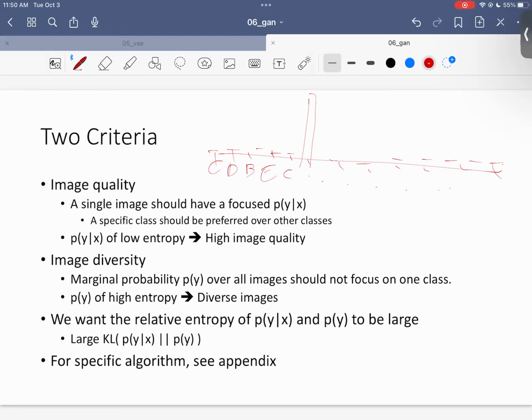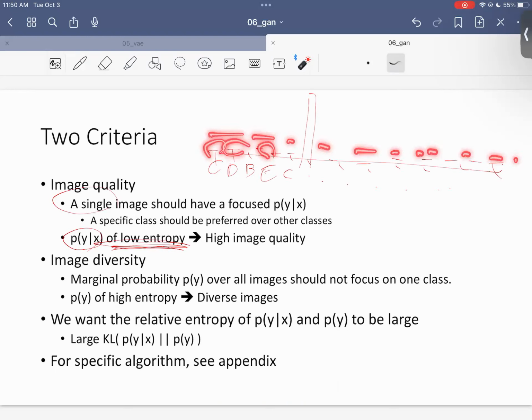So for a single image, you want p(y|x) to have a very low entropy. High entropy is when everything is uncertain, and every class has some non-zero probability. Low entropy is when one class dominates completely and all the other classes have near zero probability. So we want p(y|x) to have a low entropy.